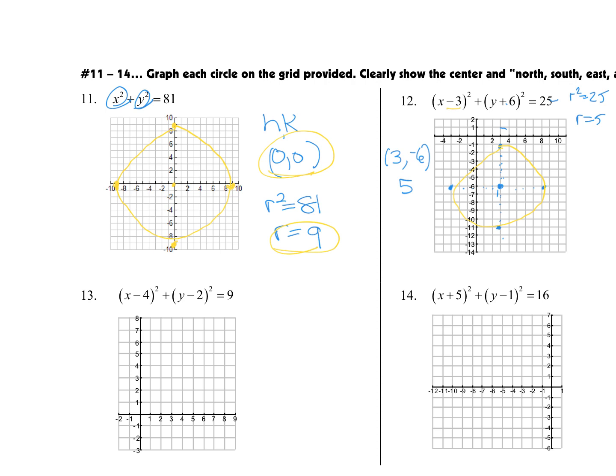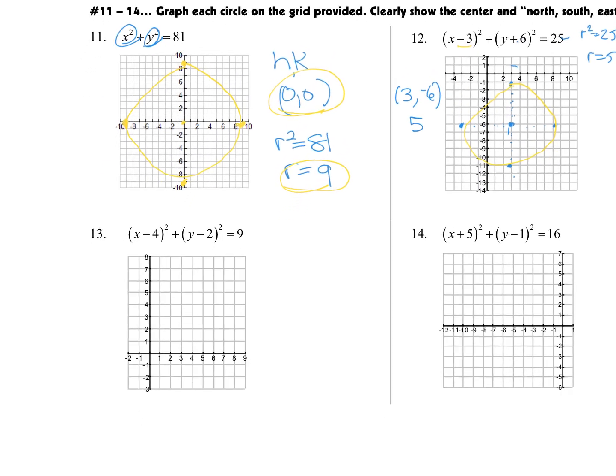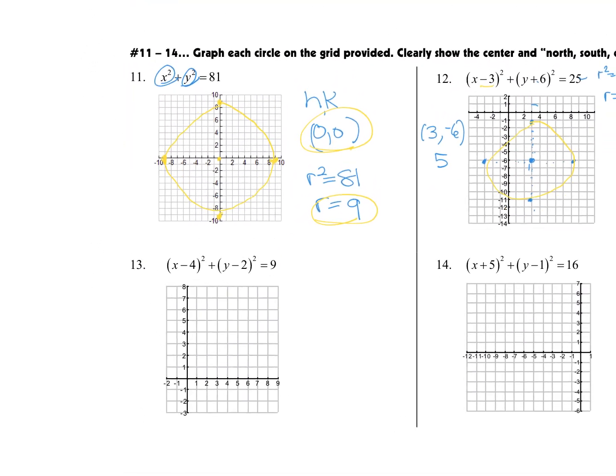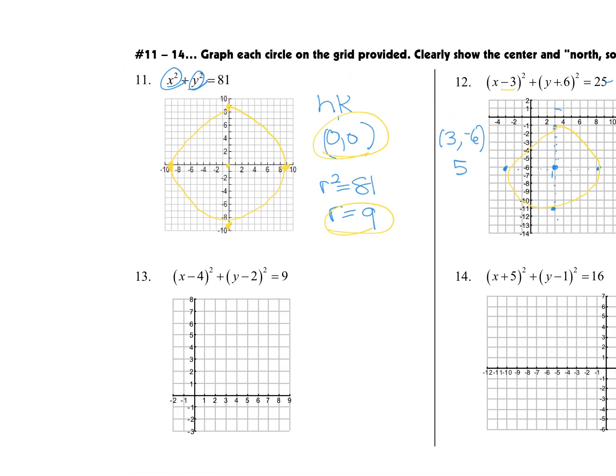All right, let's look at number 13. If we look at number 13, we have minuses in both of those. And so that tells me that the HK, the temporary vertex, is at 4 and 2.